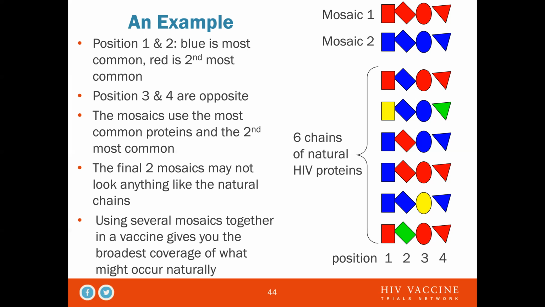You can see that the mosaics don't look anything like real HIV here. But because of their design, they can help the body be best prepared for what it might encounter if exposed.